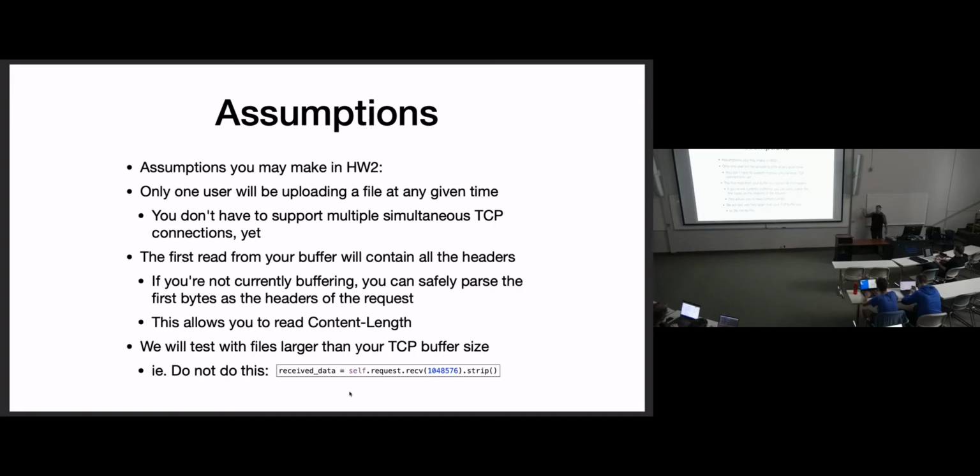First of all, if you hard code it like that, that's going to be an auto 1 for objective 4. But also, we'll overload that buffer. We'll send some file that's larger than this, just to make sure that you are actually buffering. So no cheesing it like that. We're obviously aware that it's something students like to do. It's not going to fly, and it's not going to work for your grade.